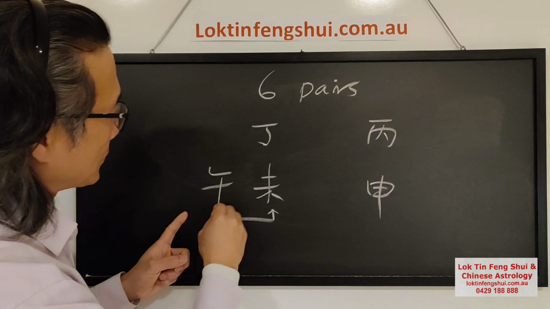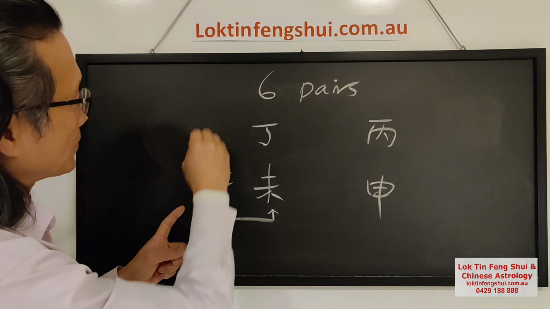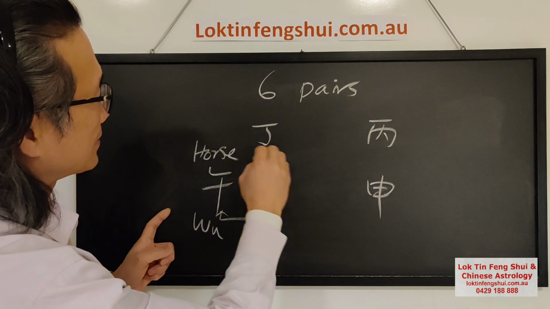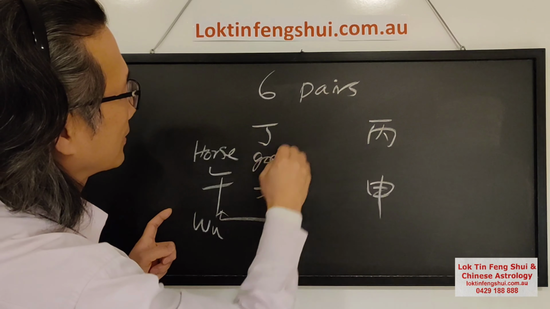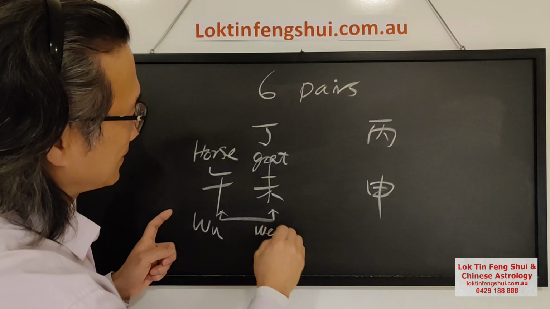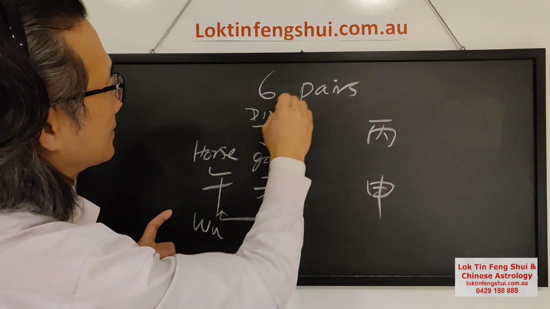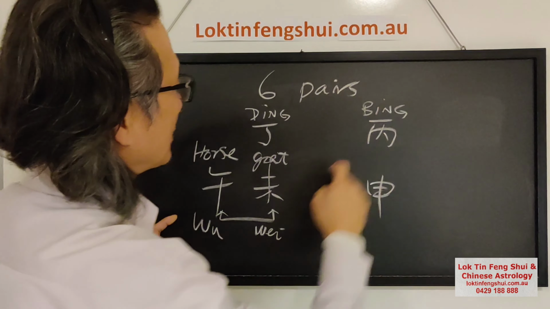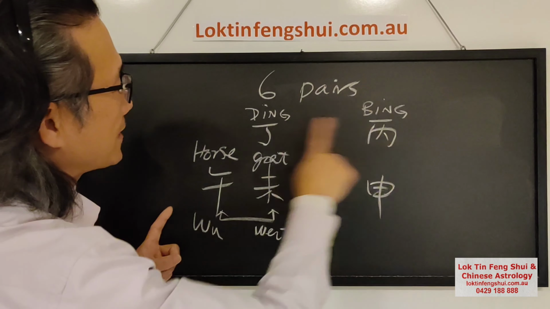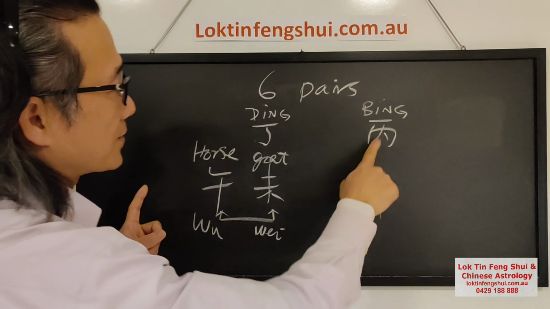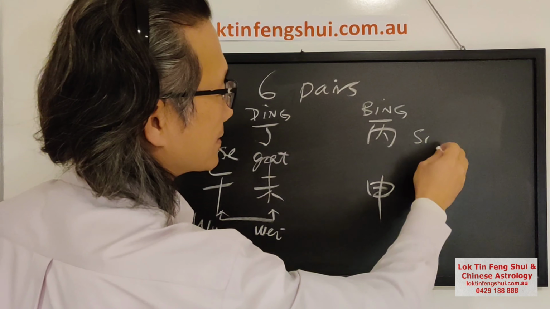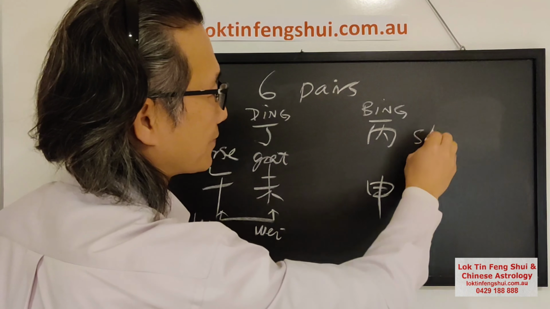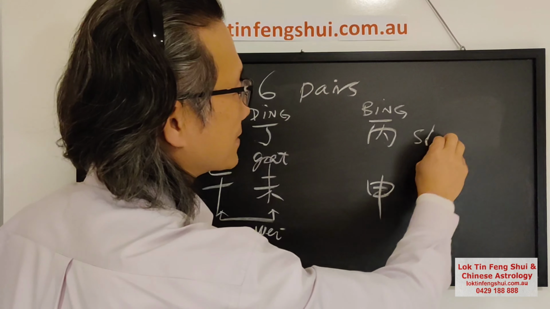That's the horse, or Wu, that's the goat, or Wei, that's the Ding, and that's the Bing. The Ding and the Bing are both fire, so this is the sibling element. Remember we talked about the sibling element.